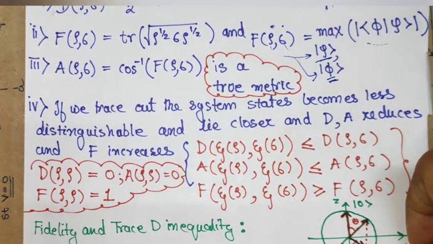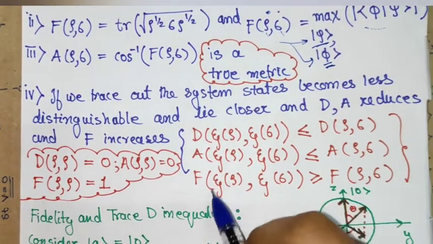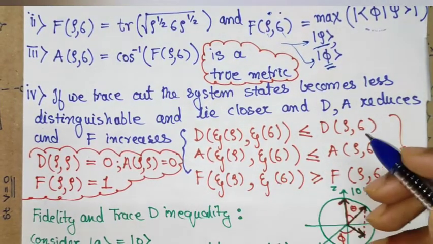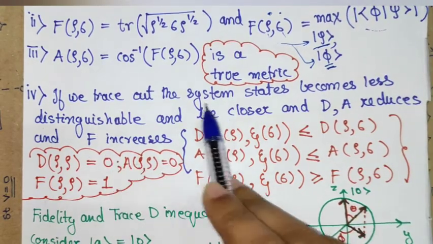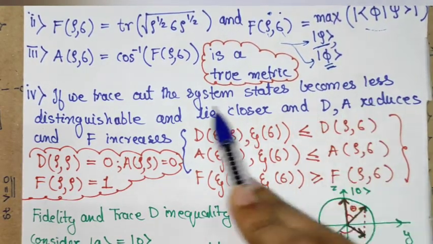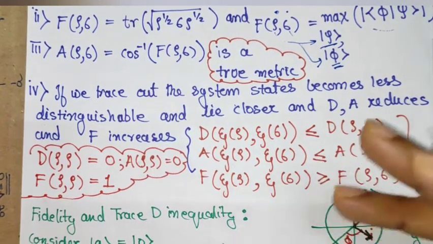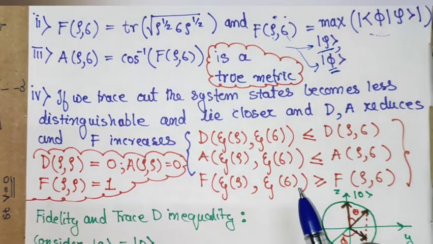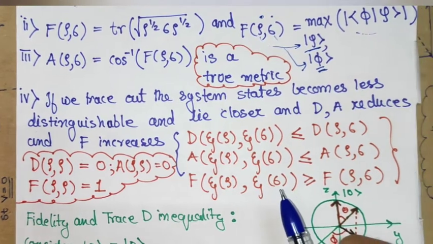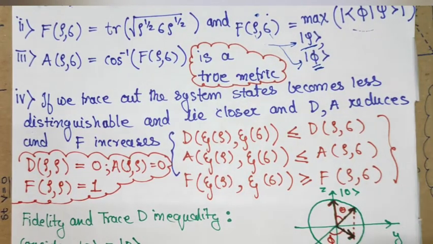Also we saw that when we have two states and we trace out the system, the states are supposed to become less distinguishable, because tracing out is inherently associated with some sort of information loss.